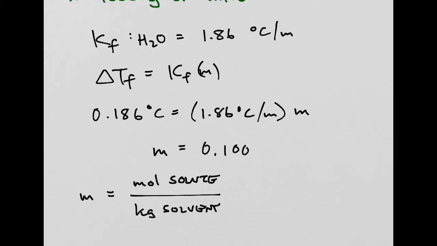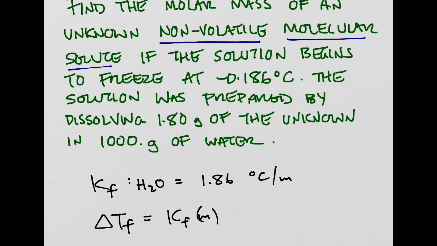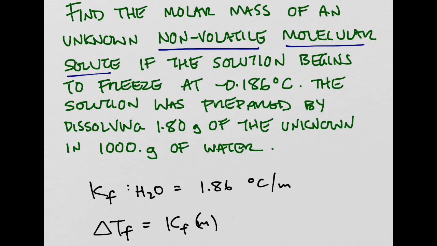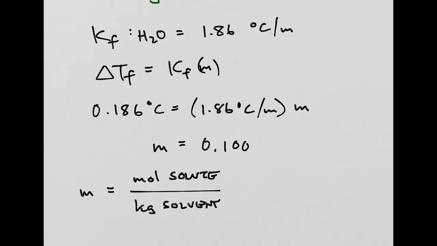We have 1,000 grams of water, which is equivalent to 1 kilogram. So I have 1 kilogram of my solvent, and I don't know the number of moles of solute, so that's my X value.